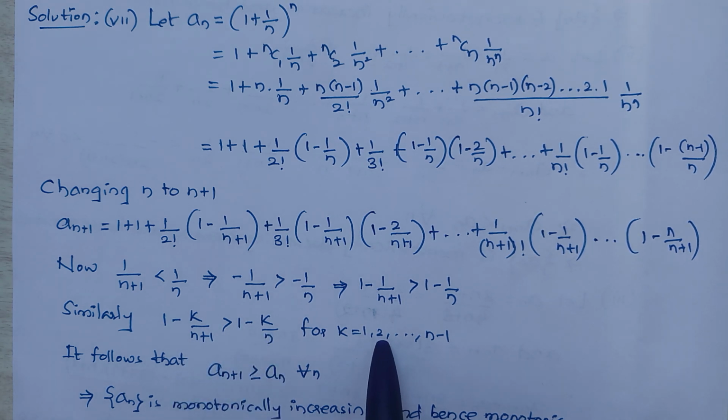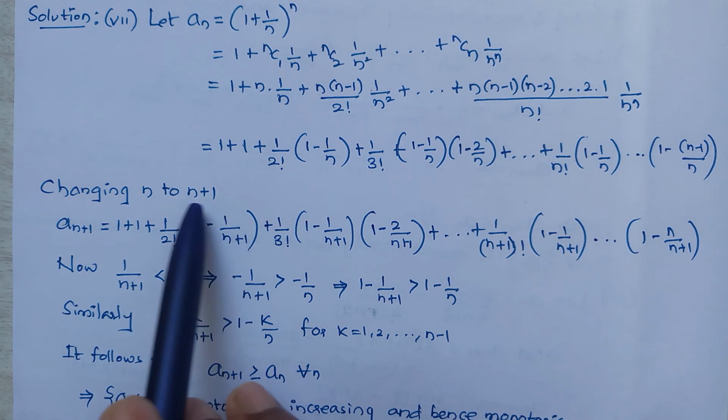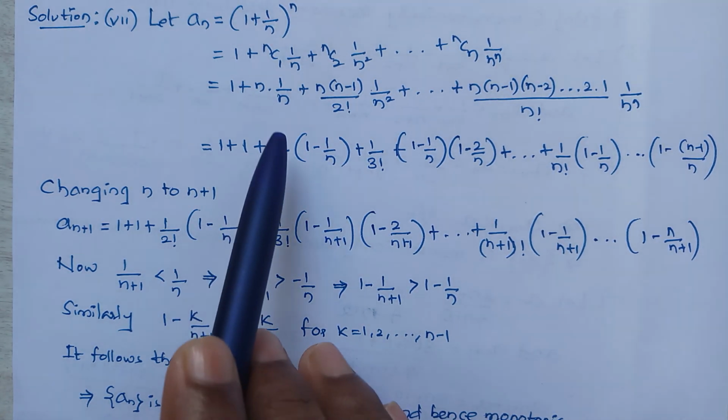In a similar manner, if I put k equal to 2, you get 1 minus 2 divided by n plus 1 is greater than 1 minus 2 divided by n. And so on, up to k equal to n minus 1. So it follows that a_(n+1) is greater than or equal to a_n, so this term becomes bigger than this.